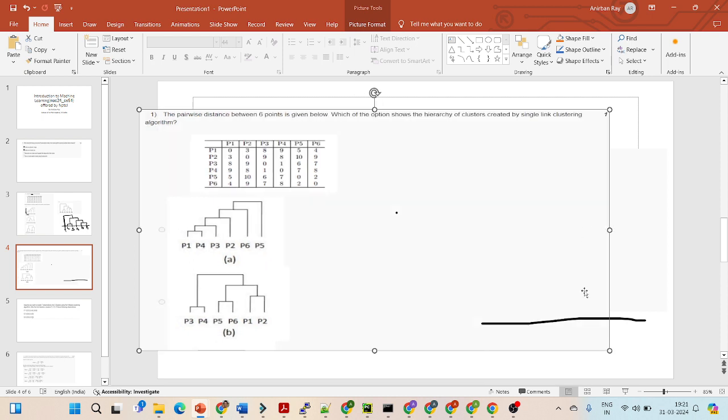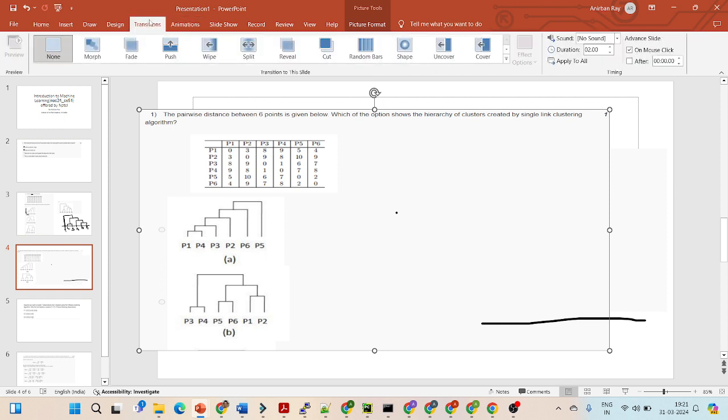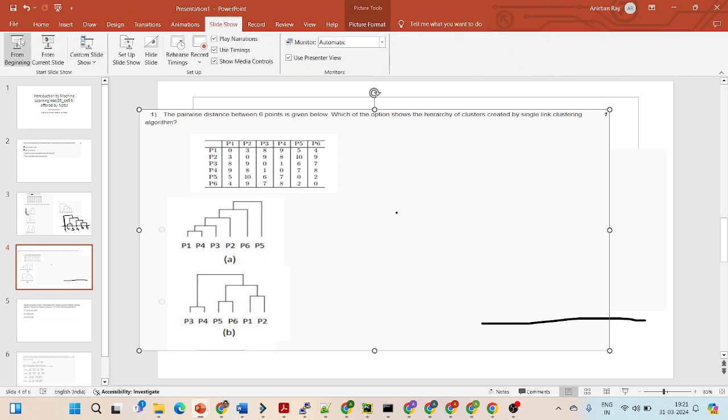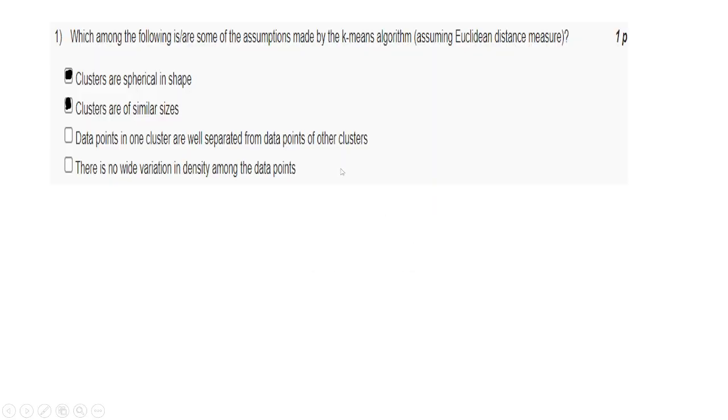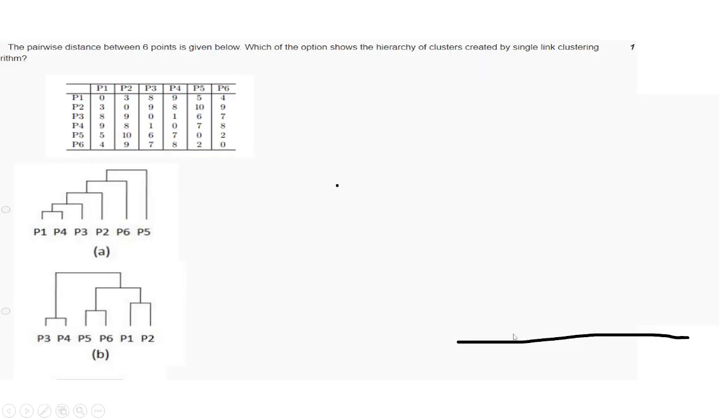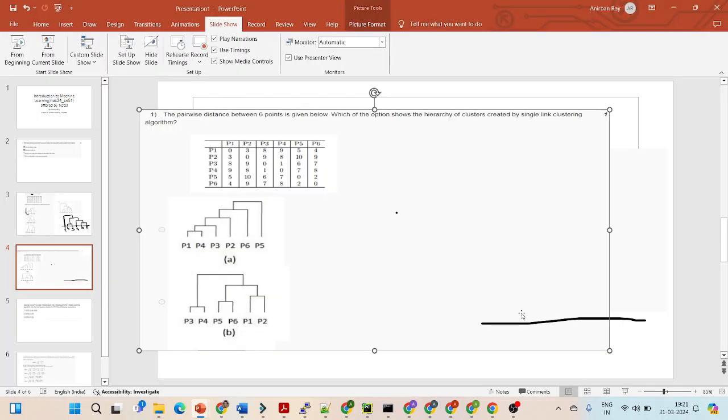So visible, right? Yes, visible. Now I can write. Okay. Yes, correct.